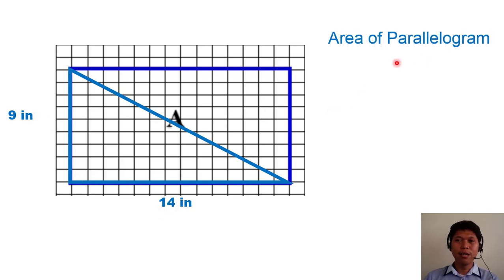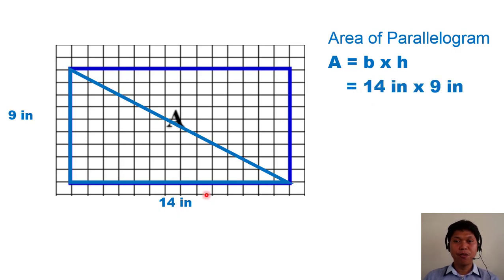Do not be confused about the parallelogram and the rectangle, because a rectangle is an example of a parallelogram since there are two pairs of parallel lines. The opposite sides are parallel. This is parallel to this, and this one is parallel to this. So base times height, and you just substitute the base by 14 and the height is 9 as given.